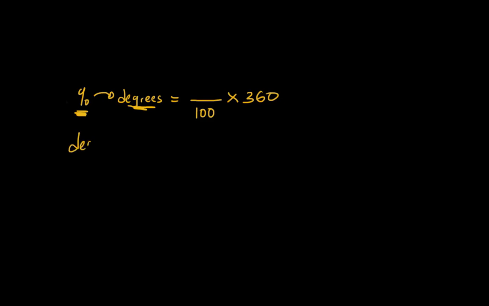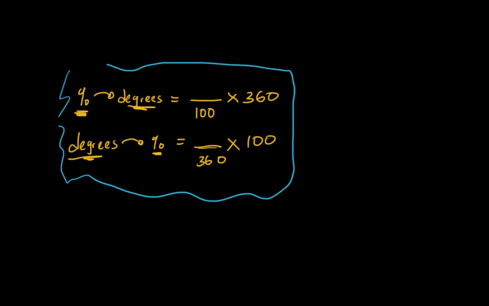Now if I'm told to convert from degrees to percentages, now remember degrees add up to 360, so whatsoever I'm given over 360 times percentage adds up to 100, times 100. Does this make sense? So as long as you can remember this, you'll be able to do the conversion perfectly.